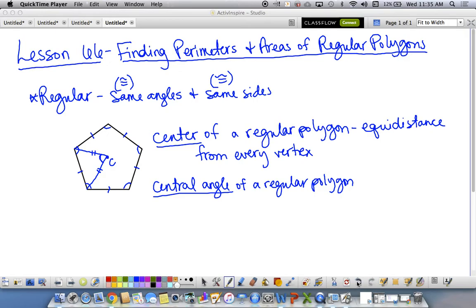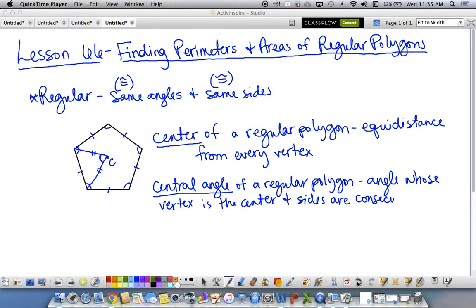Okay, I'm not going to say all of that. Kind of paraphrase it. Angle whose vertex is at the center, and the sides are consecutive vertices.